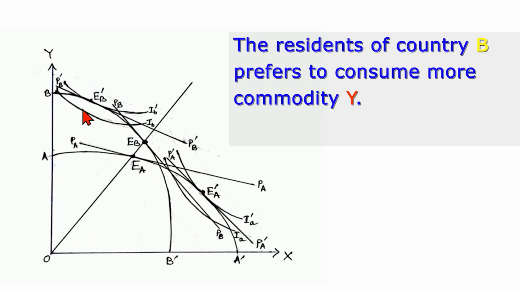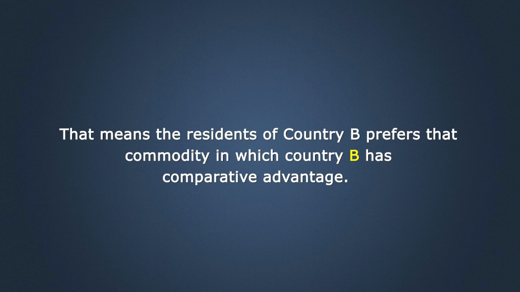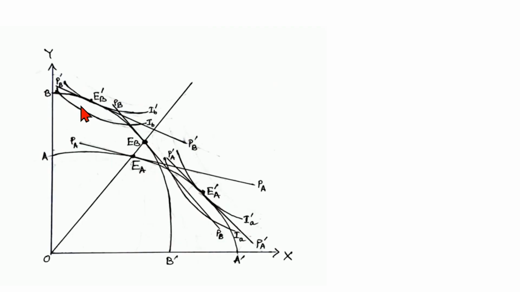Similarly, here the residents of country B prefer to consume more commodity Y. That means the residents of country B prefer that commodity in which country B has comparative advantage. Therefore, the indifference map of country B is tilted towards the y-axis, and we know the equilibrium point is attained where the highest possible indifference curve is tangent with PPF, and it is attained at EB prime point.